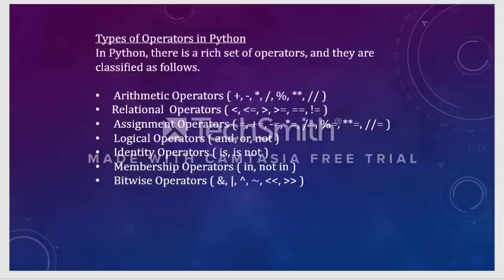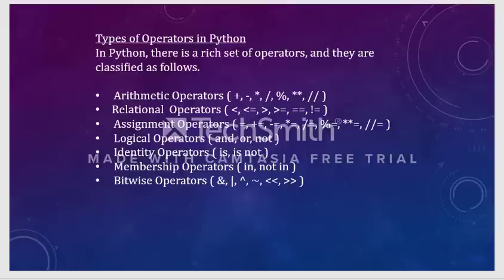Next, types of operators in Python. Python also contains a rich set of operators, and I have given the classification of all the operators that we are going to use in Python programming.